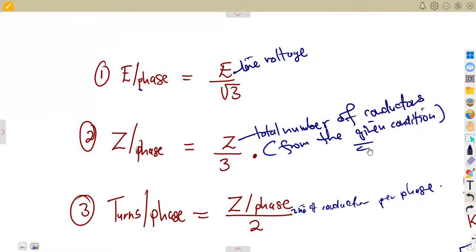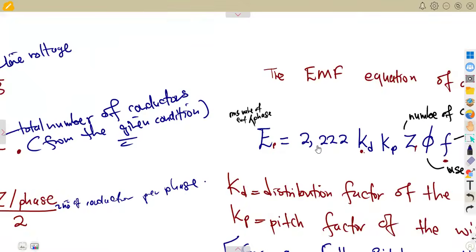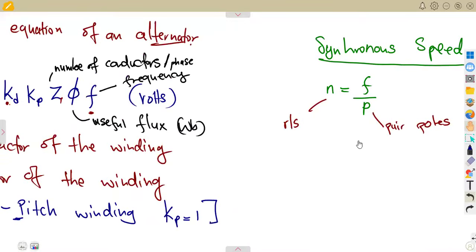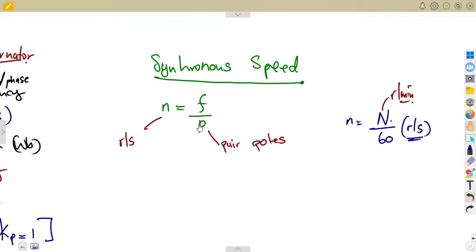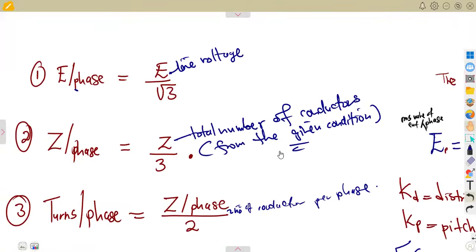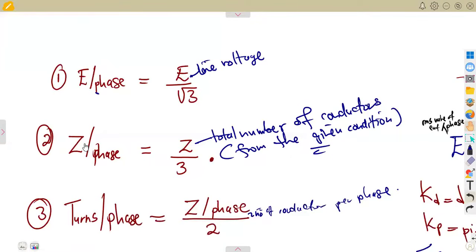So we want to check how questions are given and how we are going to use this idea, the formula of which is the EMF equation of the alternator, and also including the synchronous speed of an alternator, and also the idea of the phase concept, the generated EMF per phase, the impedance per phase. I mean the number of conductors per phase. You see now, guys, this one we are representing as the number of conductors per phase.